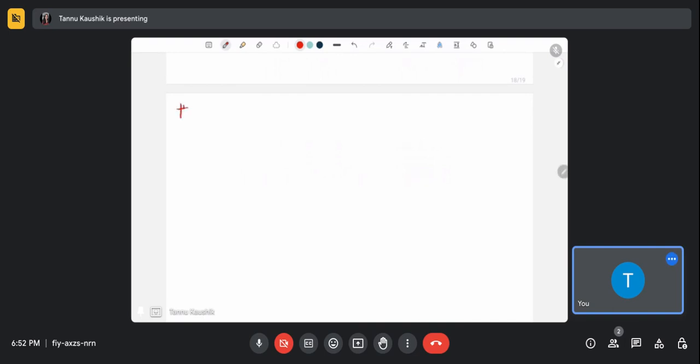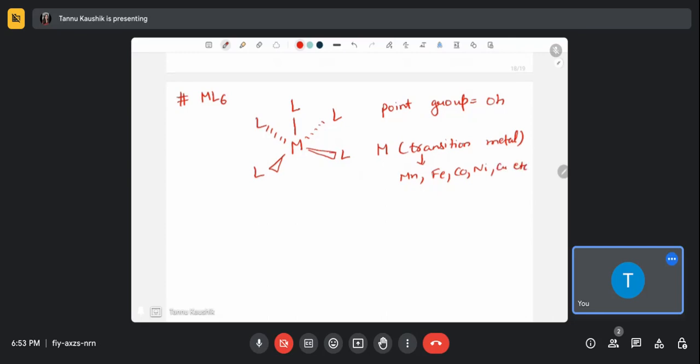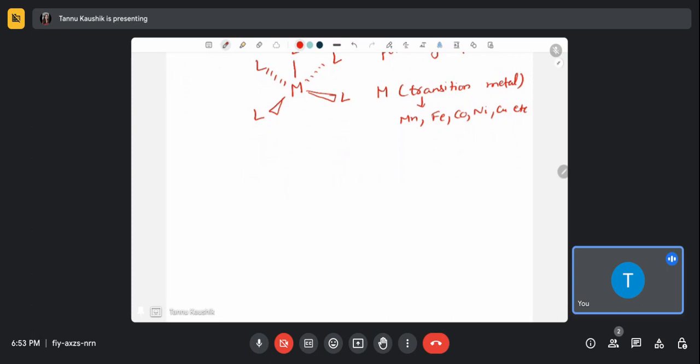So if we take an ML6 molecule, octahedral geometry, this metal is a transition metal, like iron, nickel, copper, etc. Firstly we will find out the symmetry of valence orbitals of the central atom.